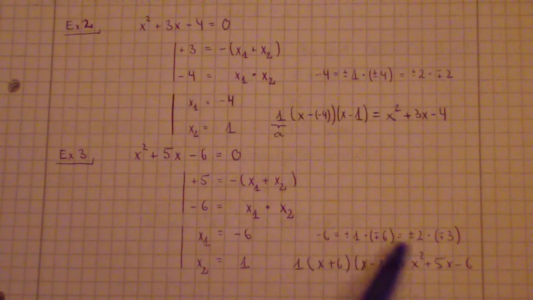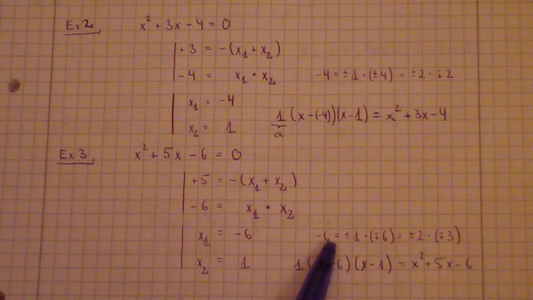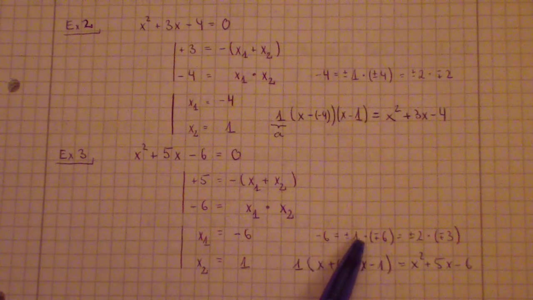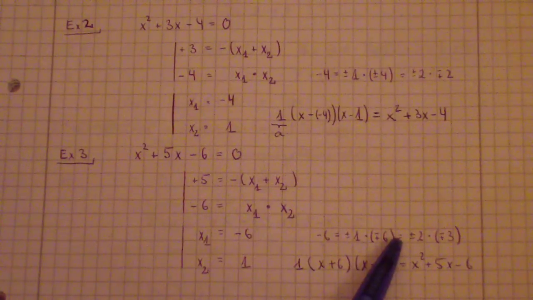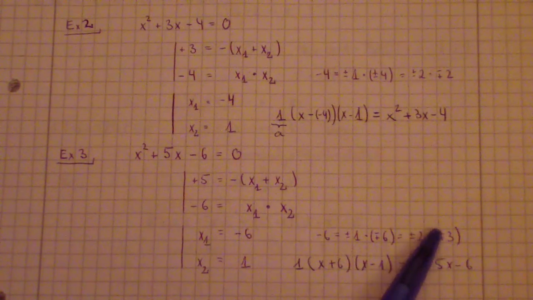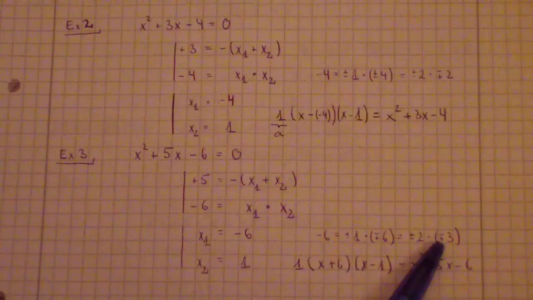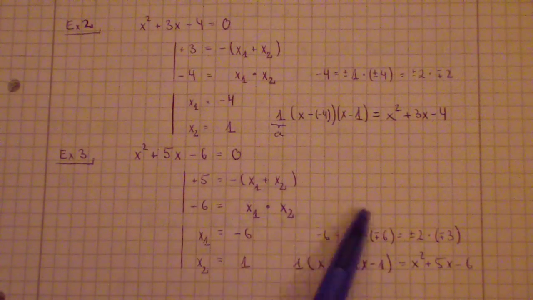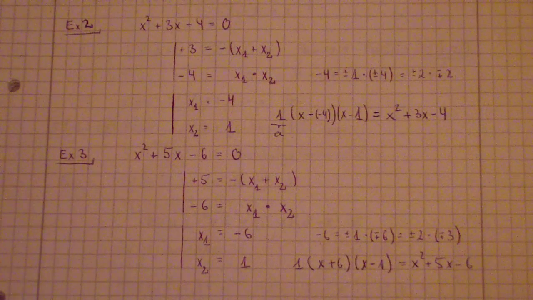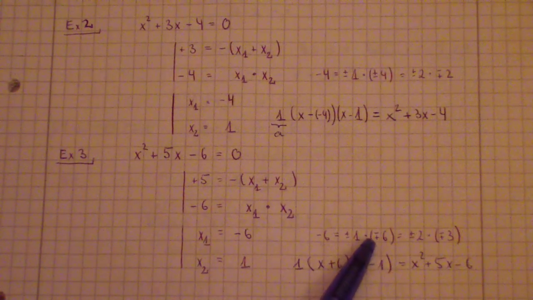Now just remember how you can rewrite the product. Minus 6 can be written as plus 1 times minus 6, or minus 1 times 6, or you can rewrite it as plus 2 times minus 3, or minus 2 times plus 3. Just put in your solutions, and as you get to your first solution, you have done it right, okay?